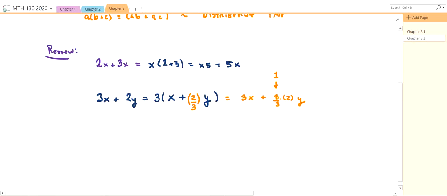So I'm multiplying this by 1. Doesn't change it any. So since I did it that way, I still have this 3 here and this 3 here. We can pull it out. So a couple different ways of looking at this. 3 times (x plus 2/3 y). The distributive property.